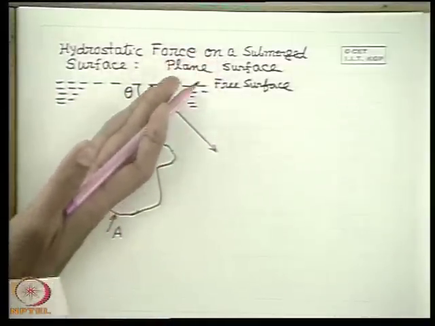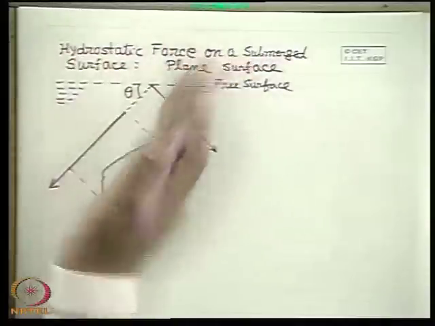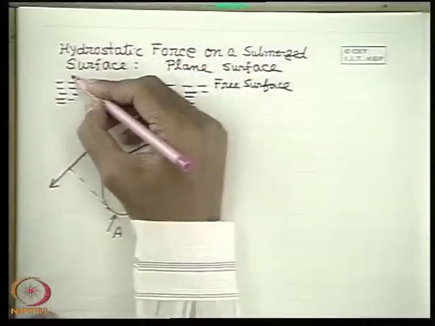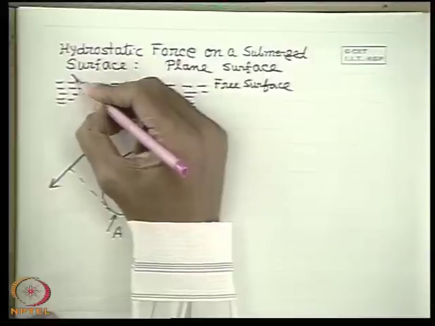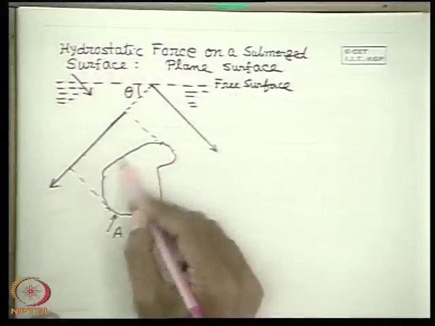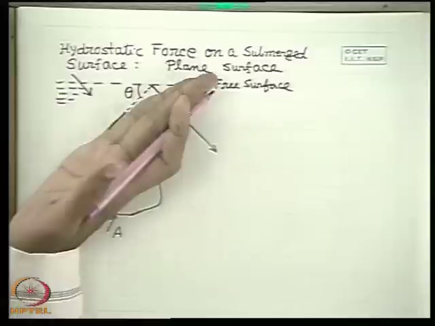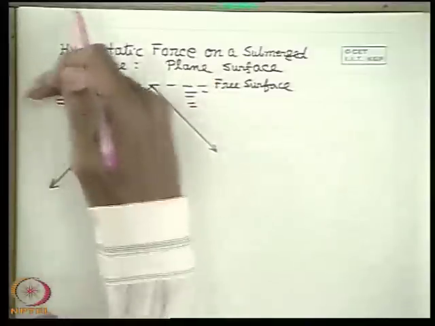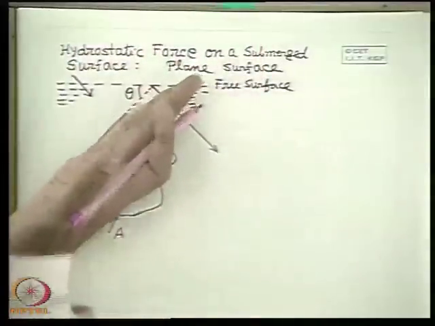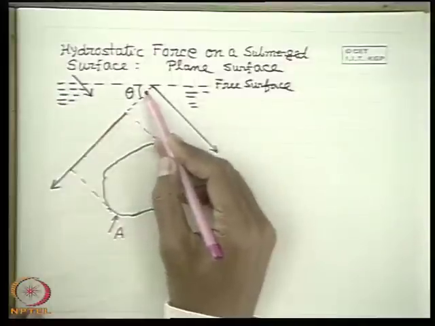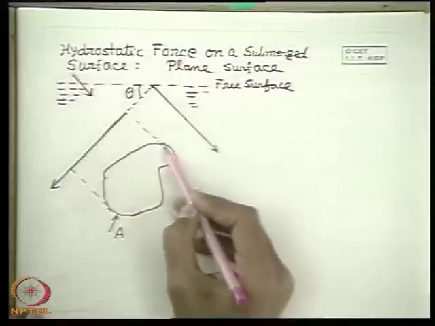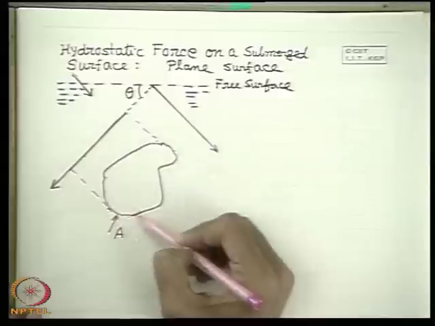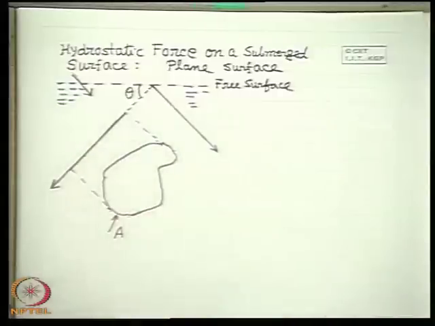That means the plane of the surface and the plane of the free surface make an angle theta. If we see the surface from the top view, this is the surface of area A, an arbitrary inclined surface, inclined at an angle theta with the free surface.